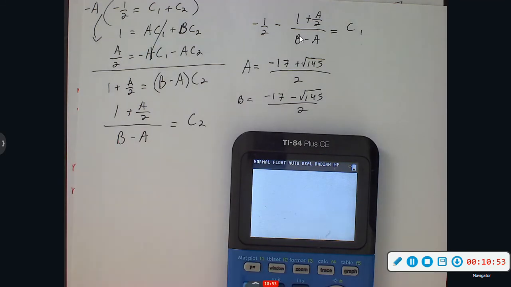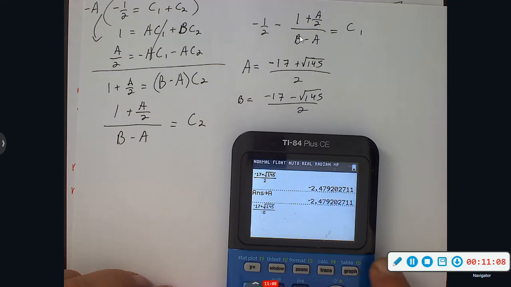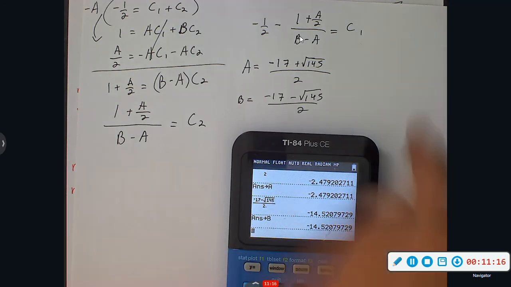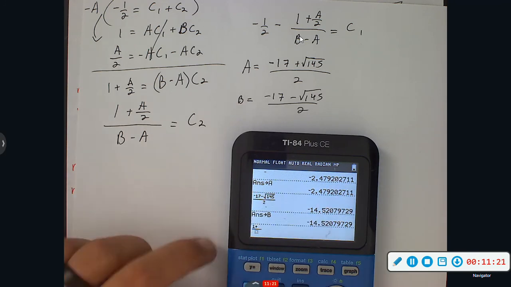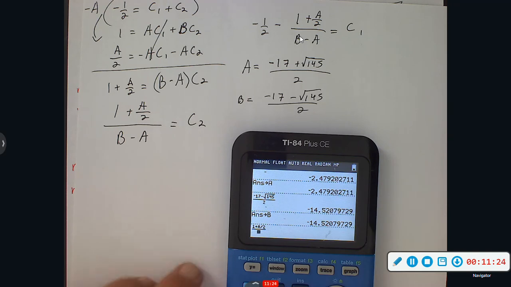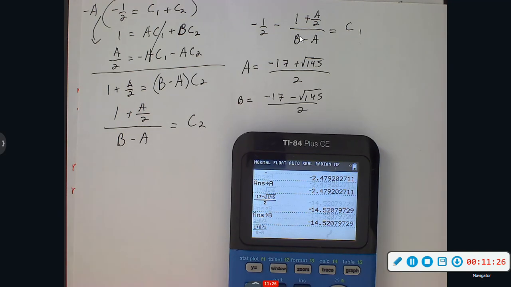Alpha, y equals, enter, negative 17 plus square root of 145 over 2. Store alpha A. Let's go back and copy it. I'm just going to change that to a minus sign. Store alpha B. All right, so now let's plug in my formula for C2. Alpha y equals 1 plus alpha A divided by 2, and then alpha B minus alpha A. There's our C2.